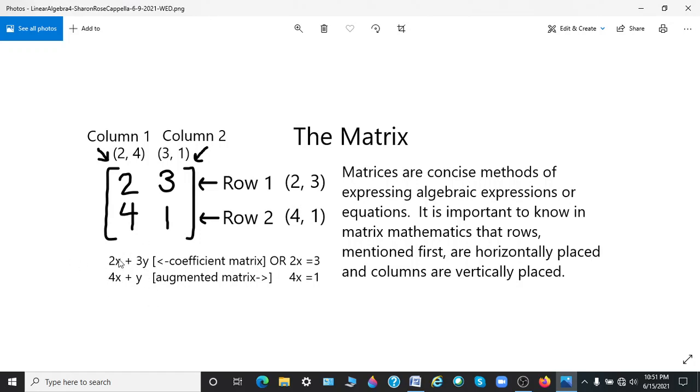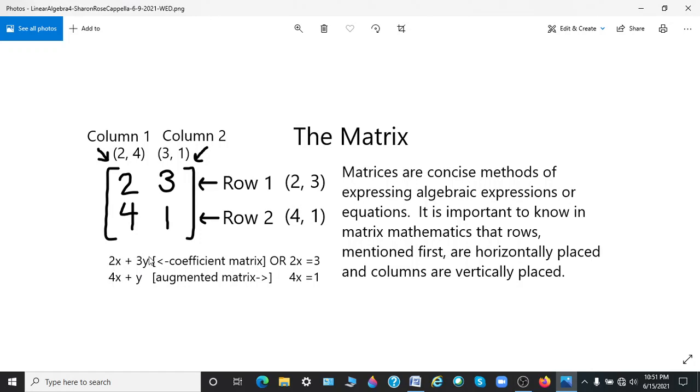They're just equations without equals, just floating equations relative to each other. Now when you have equal signs in there, it becomes augmented. So this is a coefficient form of a system of equations, and this is an augmented form of a system of equations. But they can be written as the exact same matrix because the numbers are the same.